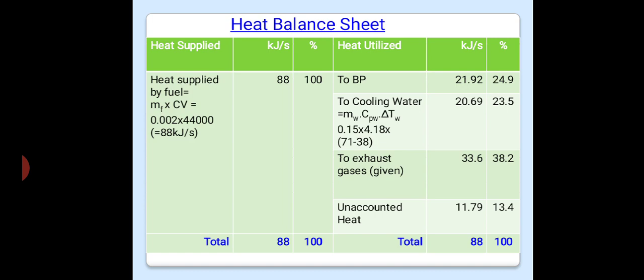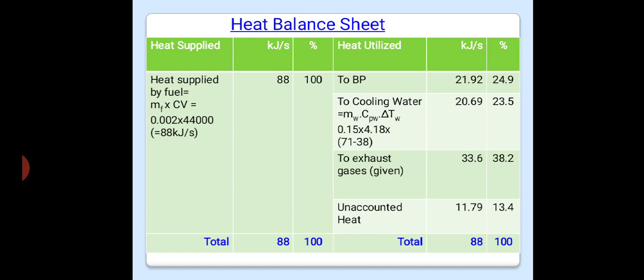Now last we are going to calculate heat unaccounted. Heat unaccounted means heat loss due to the pumping losses, bending losses, frictional losses. So we are going to add the first three heat utilizations, that is brake power plus cooling water heat plus exhaust gases heat, and whatever the addition value comes we are going to subtract that value from the heat supplied by the fuel.